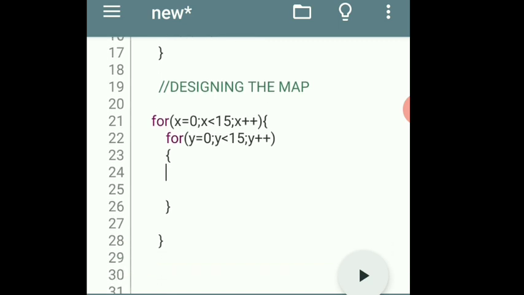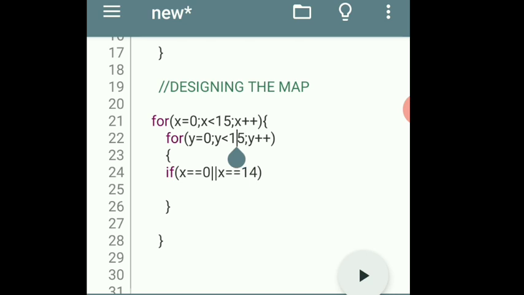So we're going to make a top and bottom border. To do that, let's have an if statement. Let's say if x is double equal to 0 or x is double equal to 14. As you see, our number of elements is 15.